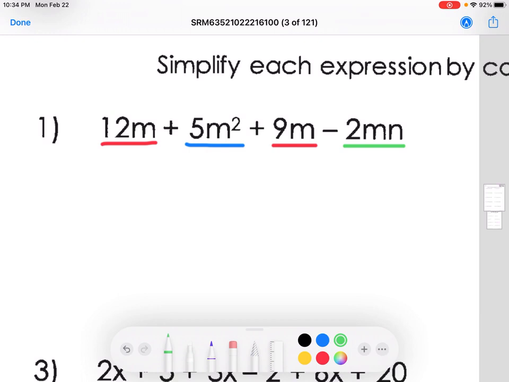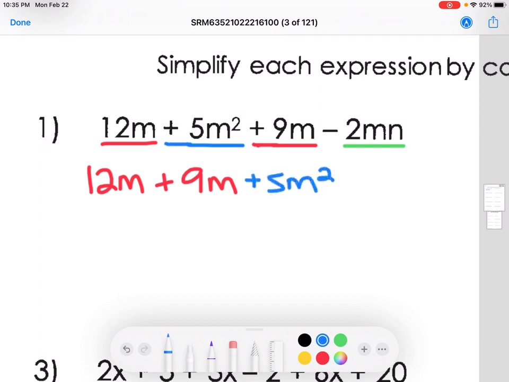So I have 12m plus 9m, and then I have plus a 5m squared, and then I have minus a 2mn. So now I can combine the similar terms and simplify.